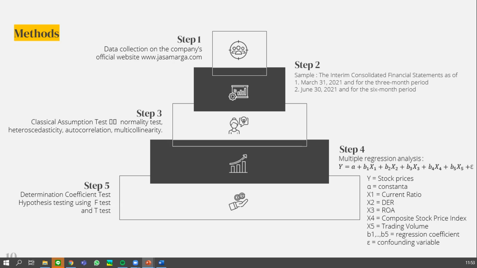Hypothesis testing in this study is to determine whether the independent variable is partially or simultaneously related to the dependent variable using the F-test and the T-test. The regression model is multiple regression analysis with the formula shown on step 4. After that, based on the result of the regression analysis, we can observe the coefficient of determination, F-test and T-test.